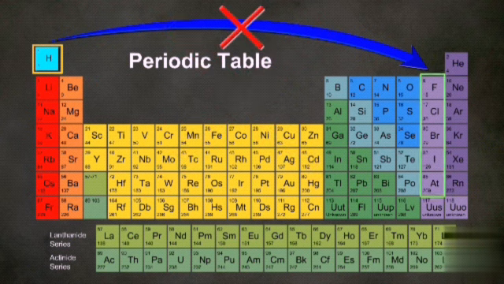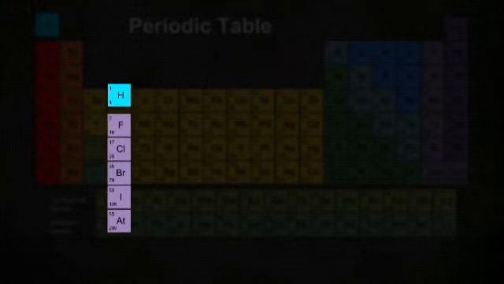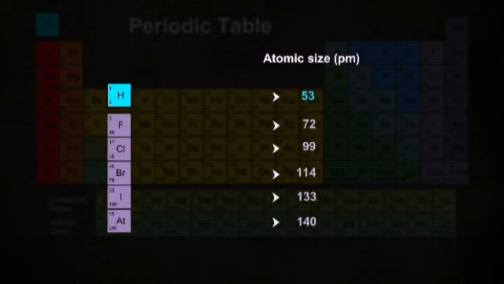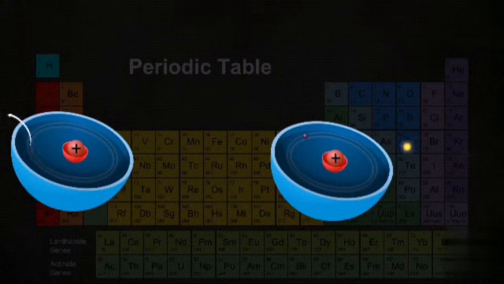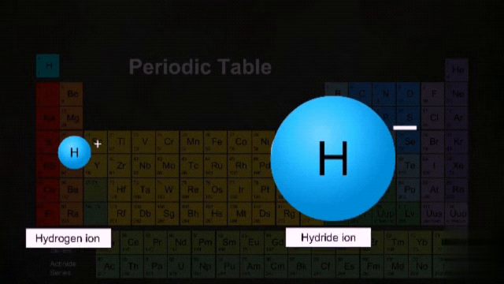The main difference between halogen and hydrogen is of size. Hydrogen is one of the smallest elements, whereas the size of halogen is quite large. Moreover, hydrogen can both lose and gain an electron and thus can form both negative and positive ions.